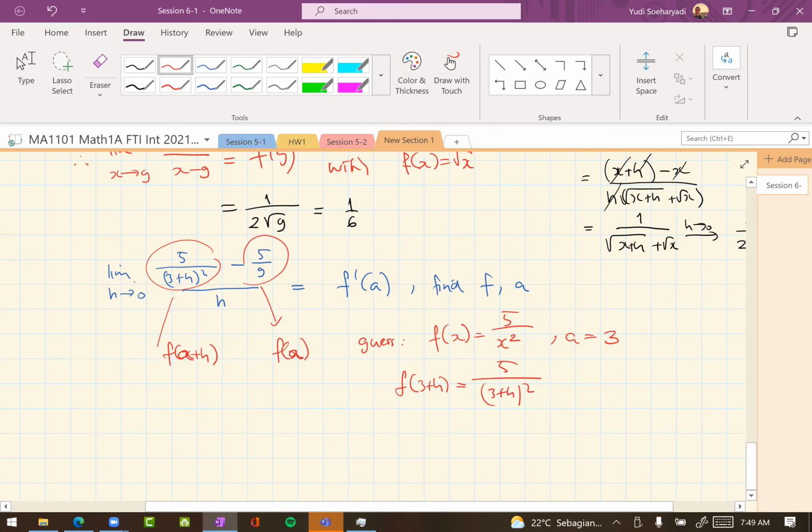So that matches. And f of 3 is 5 over 3 squared, which is 5/9. Okay, so let's match up.